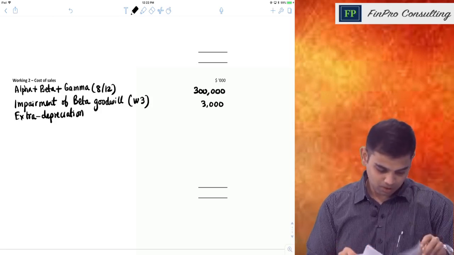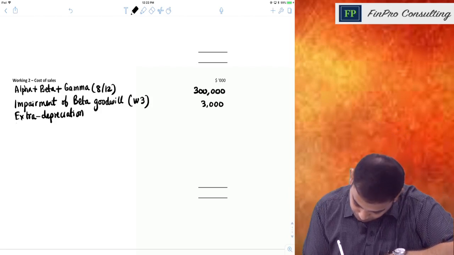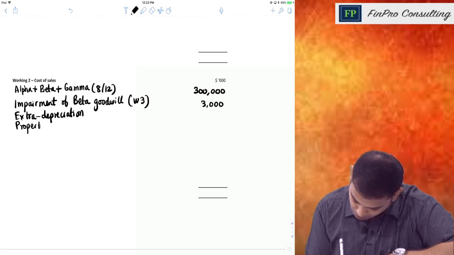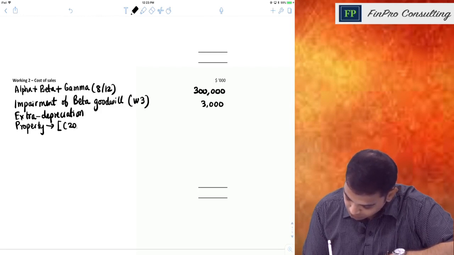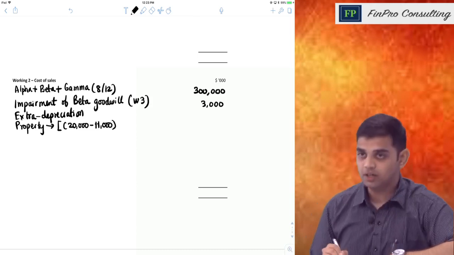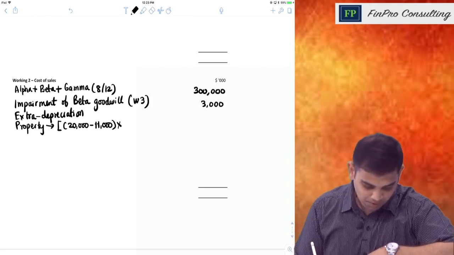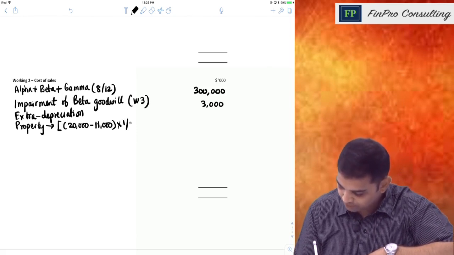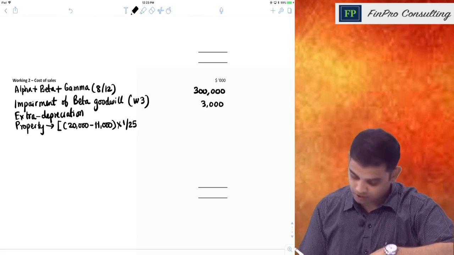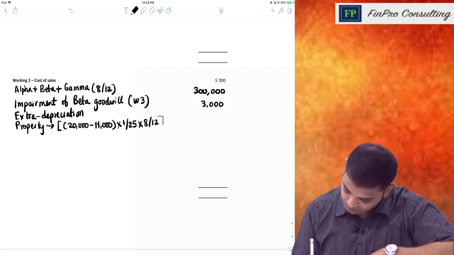Now first component is property. So how will you compute? So first I have to show 20,000 minus 11,000. This is a depreciable component into, first I will divide by 25. So into 1 by 25, that will give a depreciation for 1 year, into 8 by 12, that will give depreciation for 8 months.